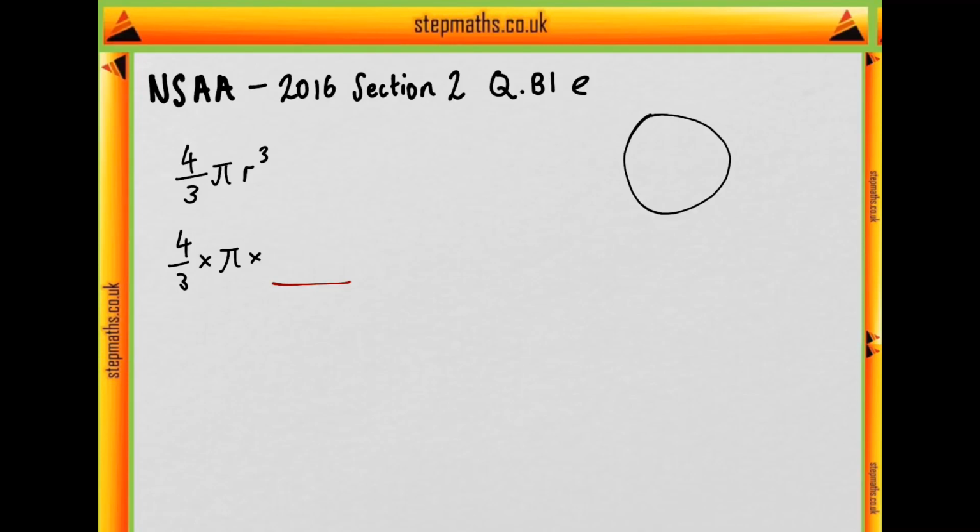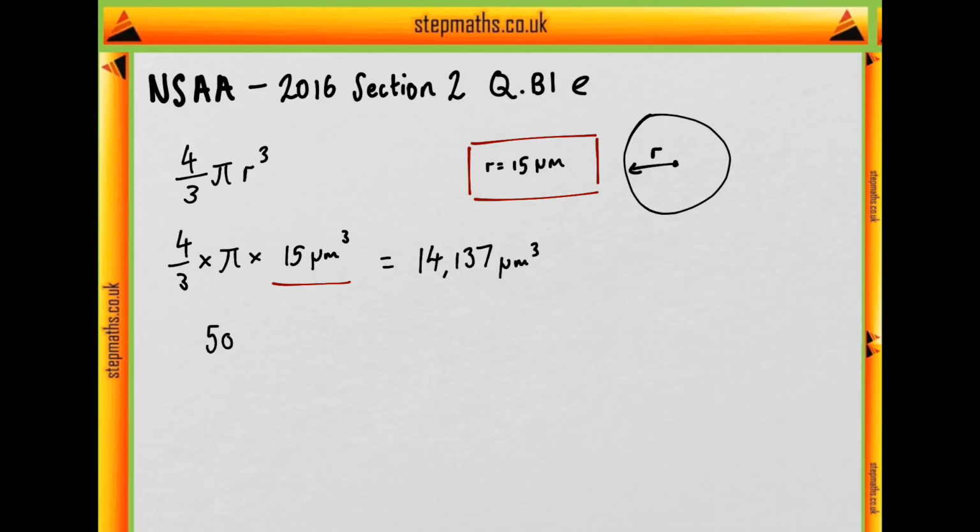And we can remind ourselves that the radius of a circle, or indeed a sphere, is this value here, taken in a cross-section of a sphere, and using the scale in the question, we can find this to be roughly 15 micrometers in the case of our nucleus. So we can plug this into our equation and find the volume of the entire nucleus to be 14,137 micrometers cubed.